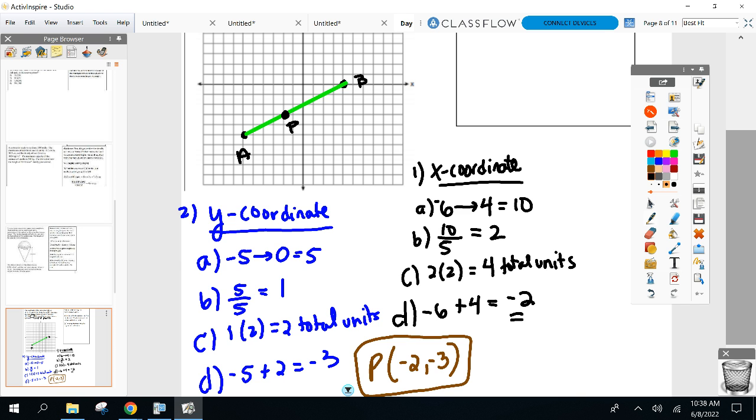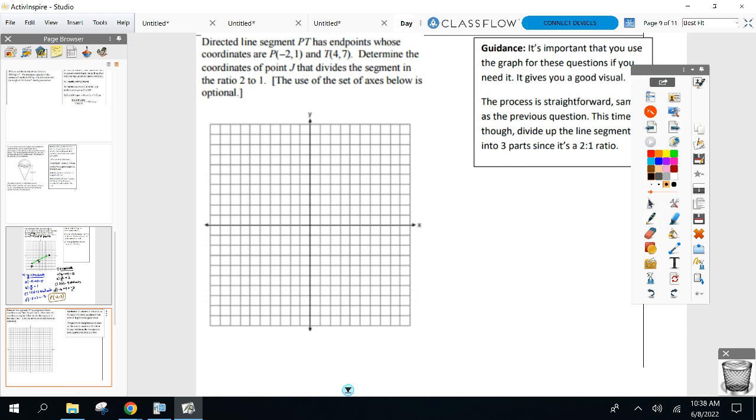Partitions? Did I give you another one to try? Oh, I did. Go right ahead there, kiddos. Okay. Directed line segment PT, 2 to 1. And then check it when you're done.